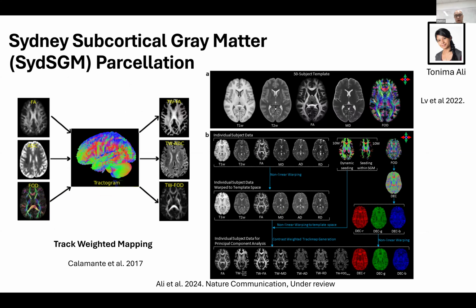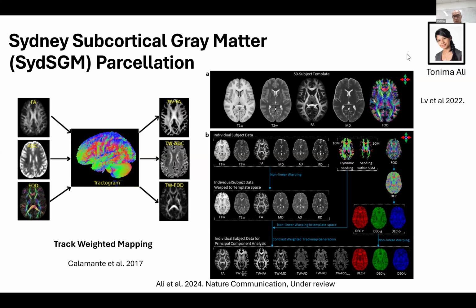So the first technology is the track-weighted mapping. It uses the tractogram as a medium to map different metrics in the brain and refine the mapping. And also with the multimodal template and multimodal registration, we can have better alignment, better registration for different subjects.